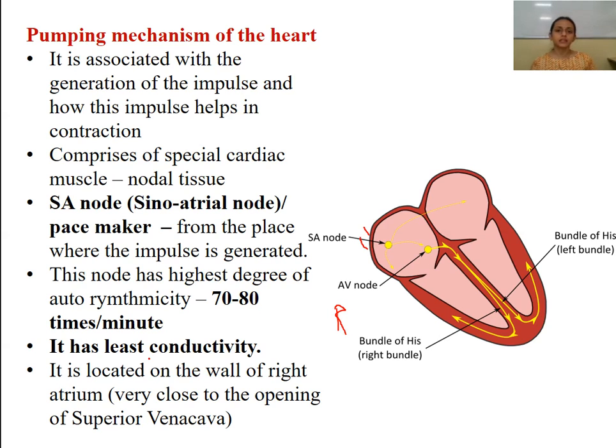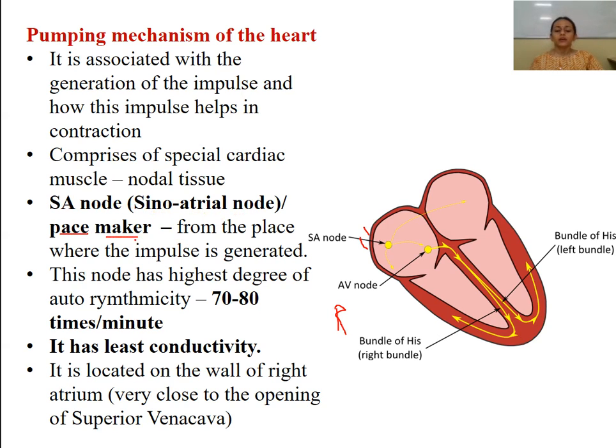In this part we'll be studying certain important special cardiac muscles which are responsible for creating this impulse and for the pumping mechanism of the heart. We'll start with the SA node. The full form of SA node is sinoatrial node, which is also known as the pacemaker.